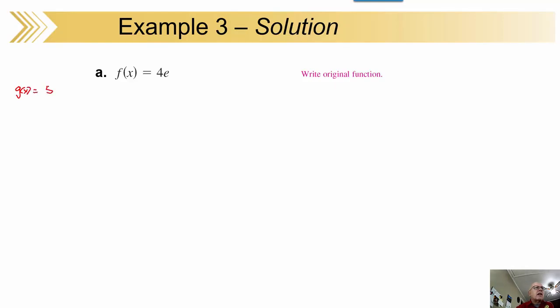If g of x is 5, in other words, a constant function, just like y equals 5, means the same thing, that y prime is 0. The derivative of a constant is 0 because if y is not changing, then the slope is 0.